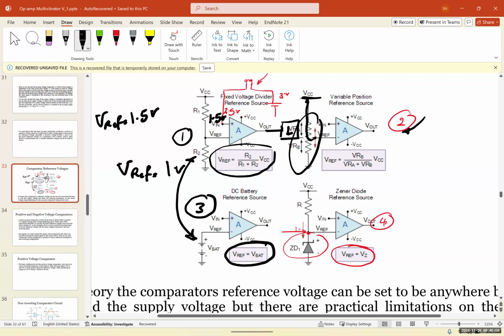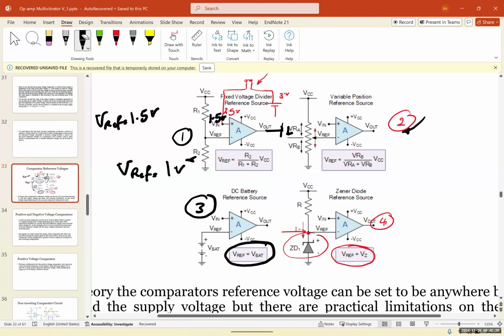These op amps have limitations on how much voltage you can apply to the input. If it's a large voltage, it's going to damage the op amp. So number 1 has a protection compared to number 3, but they both have the same problem. They are fixed. Once you fix the reference voltage, you cannot change it.